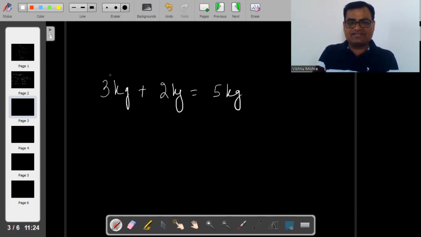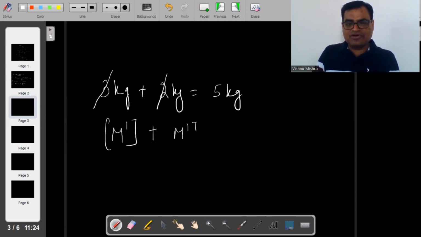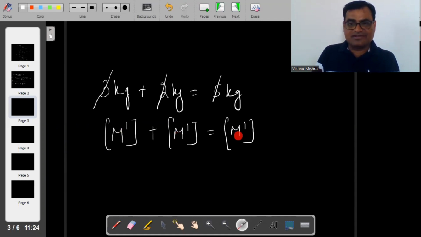If you write the dimension, 3 doesn't have any dimension because this is a constant. Kg is mass, this is M^1. Again 2 is a constant, no dimension is there. Kg is again M^1, and 5 has no dimension, this is M^1. That means we can say here M^1 plus M^1 is M^1, not 2M^1.